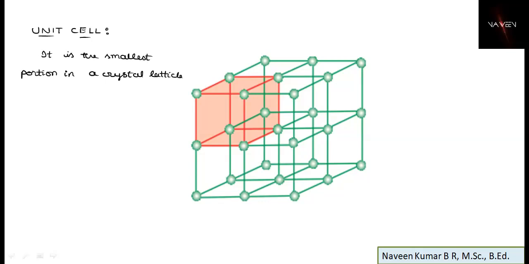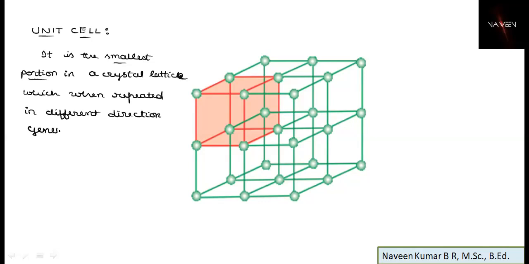Now what this particular information is about the unit cell is that it is the smallest portion in a crystal lattice, and if we repeat this particular smallest portion in several directions or in different directions, the entire crystal we are going to generate. So hence it is the smallest portion in a crystal lattice which when repeated in several directions or in different directions generates the entire crystal.